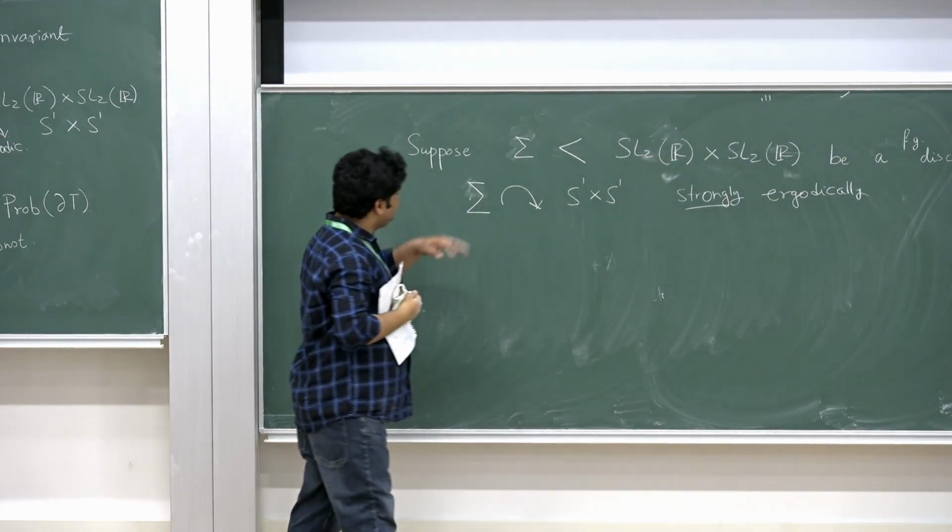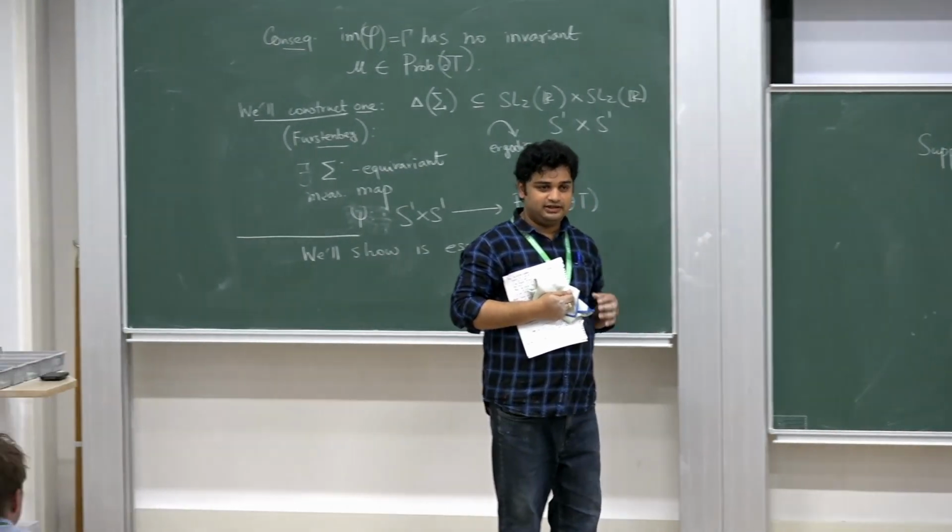By strongly, I mean any finite index subgroup of sigma will also act ergodically on the boundary.